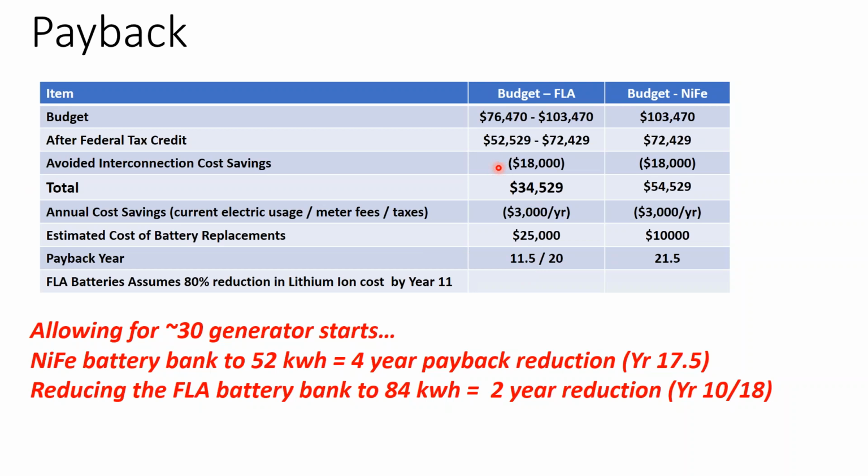If he was twice as far out and his quote was $40,000 instead of 20, for the grid expansion, he would be making almost an instant payback. But the problem is, somewhere between year 12 and year 15, he will have to buy a whole new $25,000 battery bank. And so he really isn't saving any money at all by going off grid.